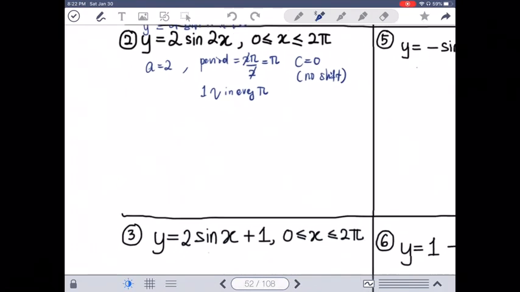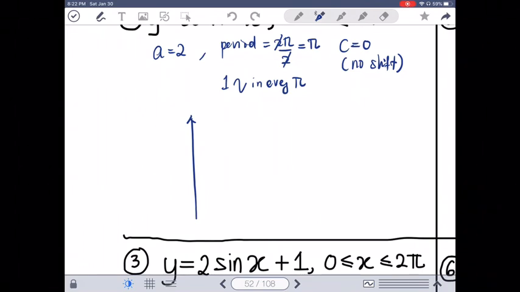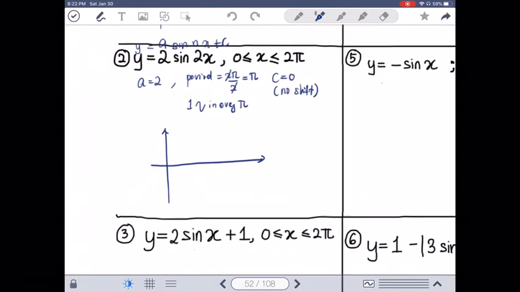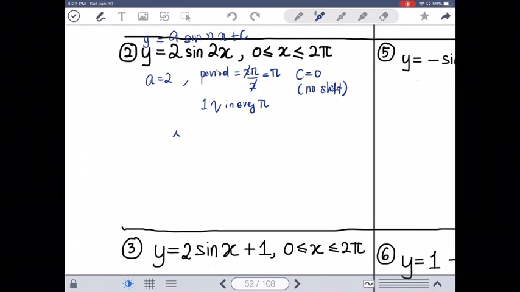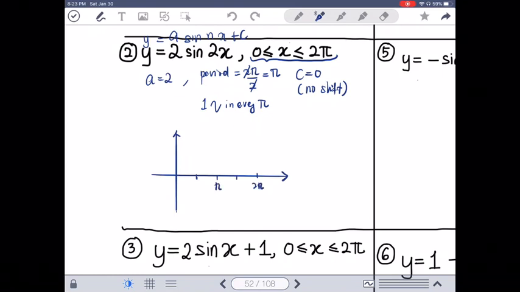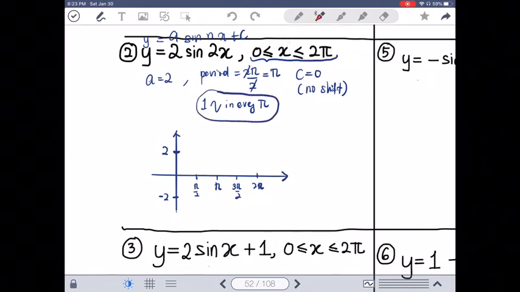Okay. So when we draw our graph, since they want us to draw from 0 until 2 pi, so as usual, this is 2 pi and pi over 2, 3 pi over 2, and we have the amplitude of 2, so we label that as 2 and negative 2, and we have one cycle in every pi.